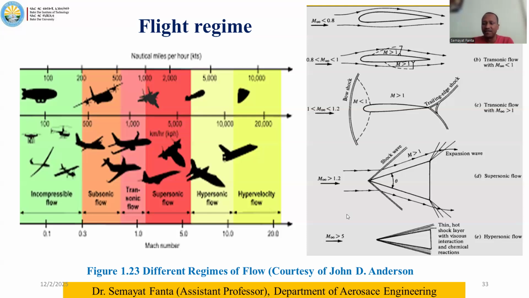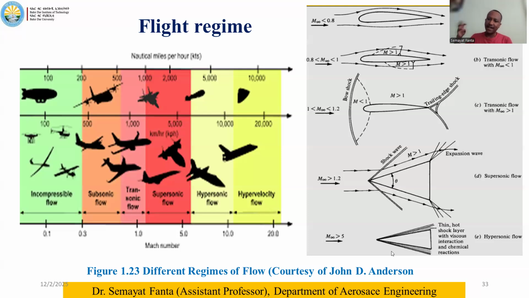So when we have Mach greater than 5, the oblique shock wave will be fully attached to the body. This attachment of the oblique shock wave to the body creates heat on the surface of the aircraft itself.